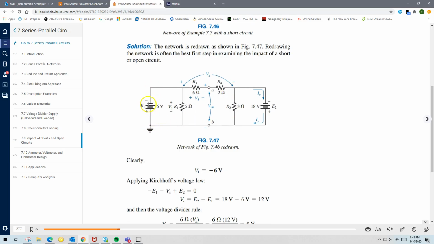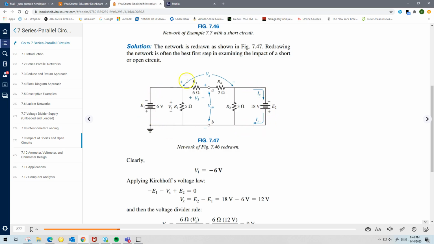If we go from ground clockwise all the way back to ground and add the voltage gains plus the voltage drops using KVL, starting from the bottom, the ground, going across this source, you have a voltage drop of 6 volts, or minus E1, plus another voltage drop of Vx, and a gain of E2.